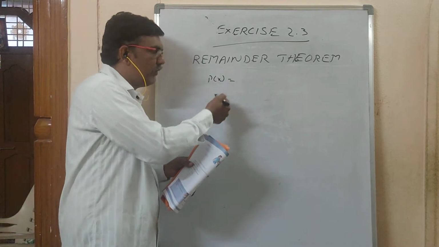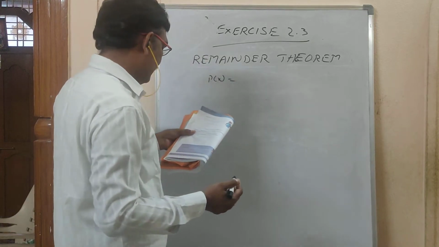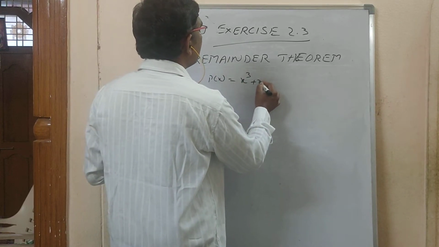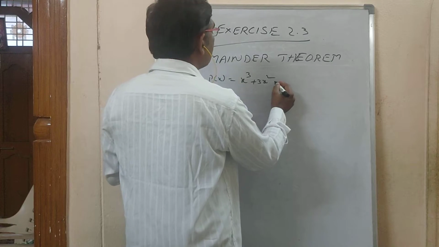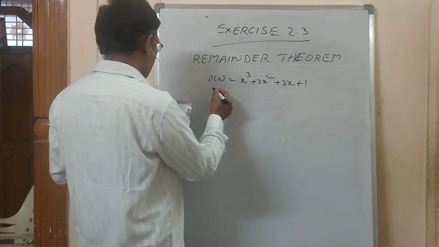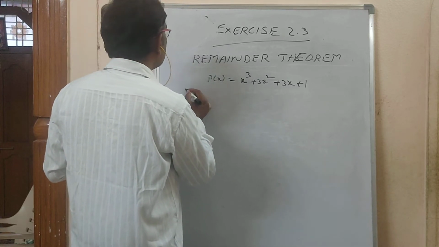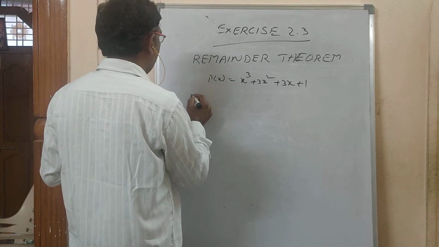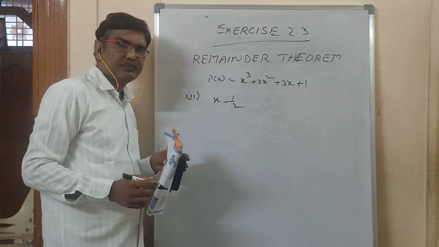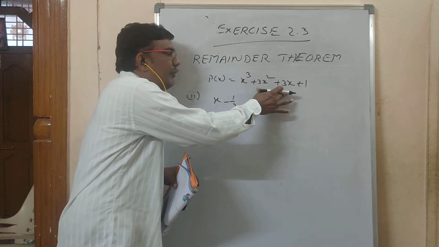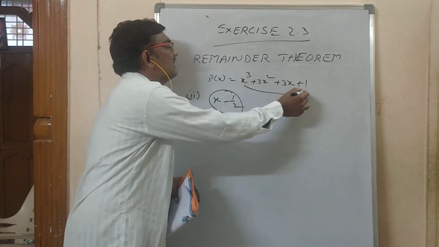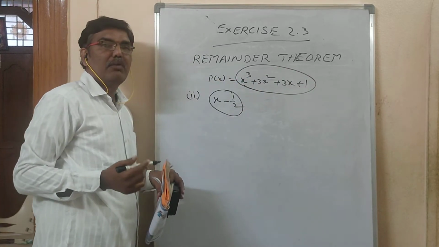P of x is x cube plus 3x square plus 3x plus 1. Second question, he said to divide with x minus 1 by 2. He asked to divide this entire polynomial with this. This is the divisor, this is the dividend.